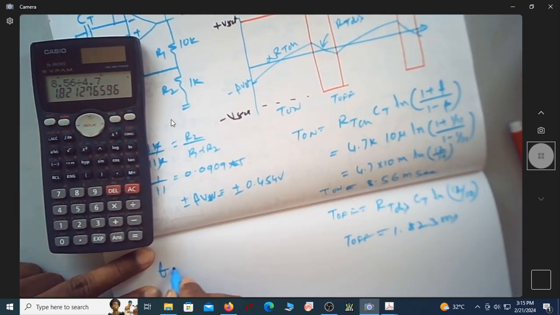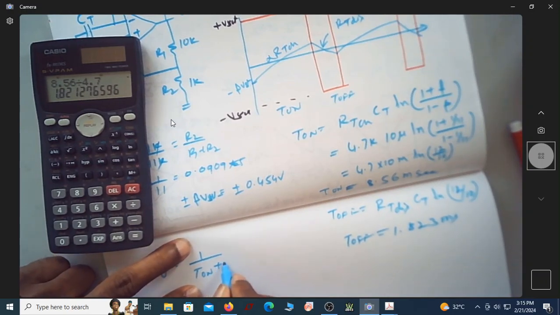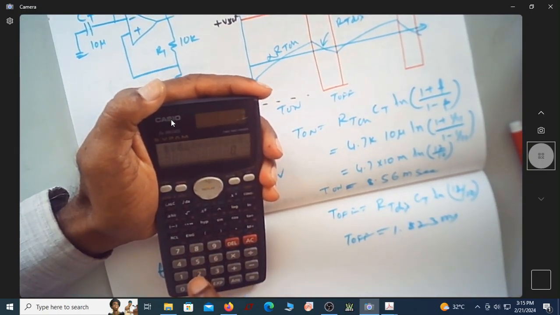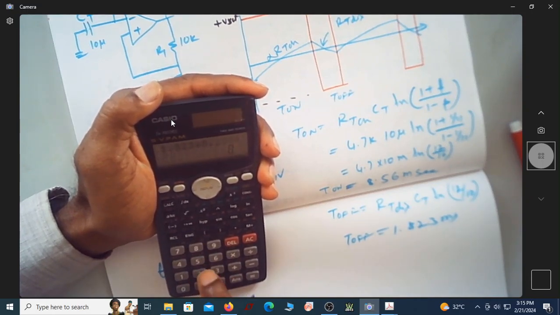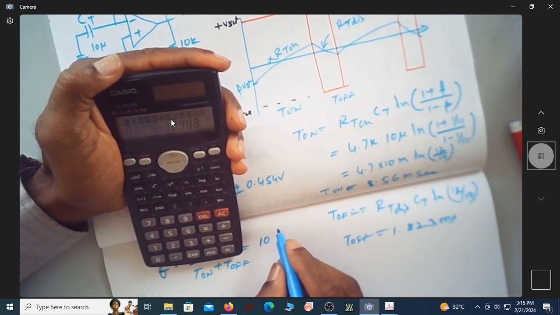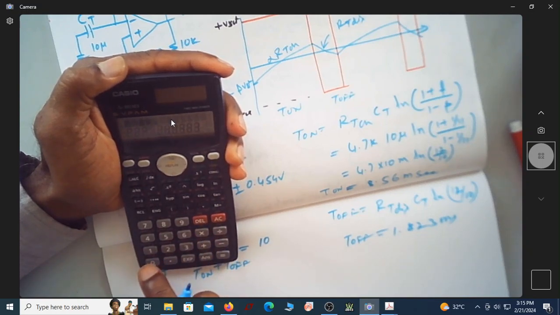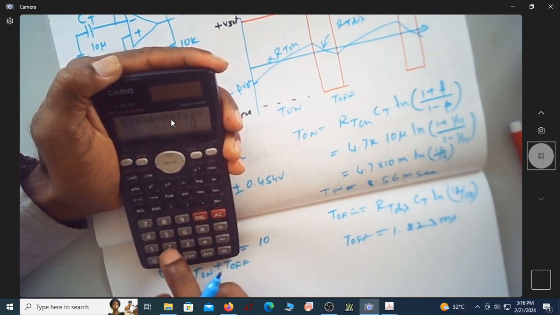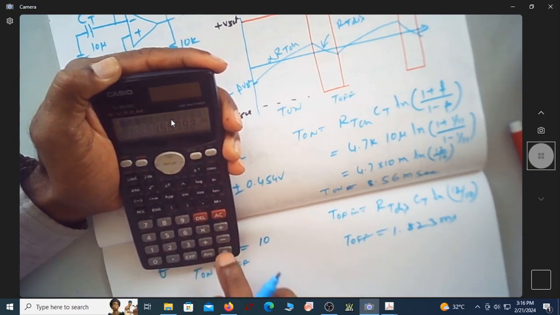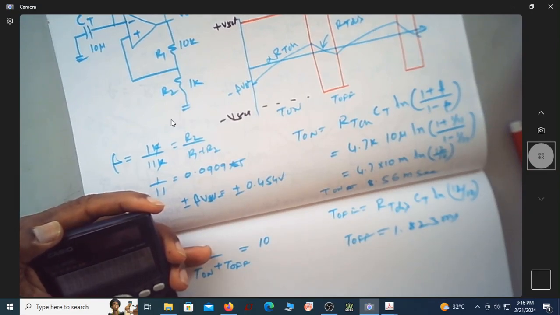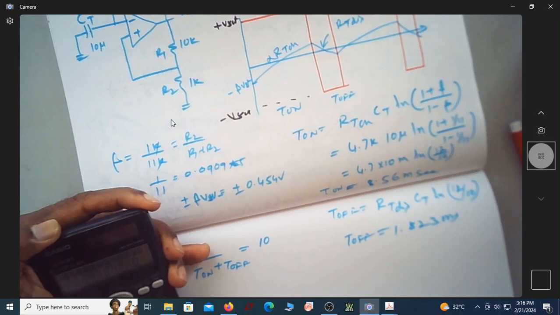So now what is the frequency? Frequency is 1 over T on plus T off, which is 1 over 8.56 exponential minus 3 plus 1.823 exponential minus 3.